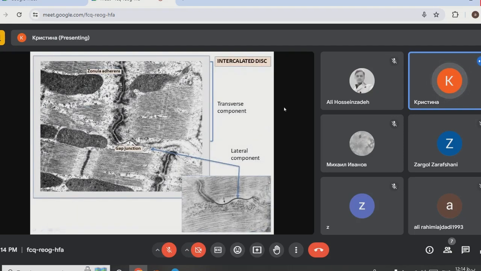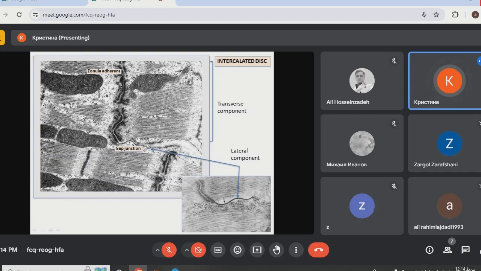This is how the intercalated disc looks in the electron microscopy picture. So this is how it goes. It has a transverse component, which is vertical like this, and it has a lateral component, which is horizontal like this.